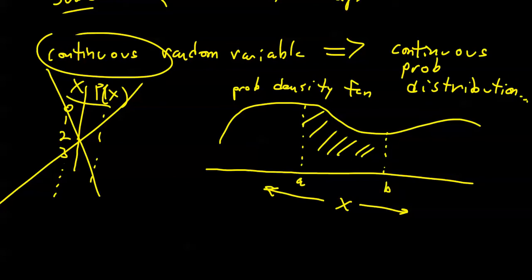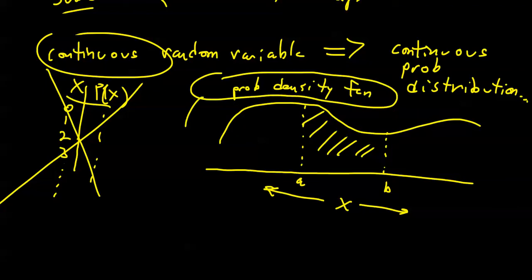Now let me make a note. Under a probability density function, the total area under the curve, or really bounded by the curve and the x-axis, is equal to 1, always. That's by definition of a probability density function. And of course that represents our one unit of available probability in any particular experiment.